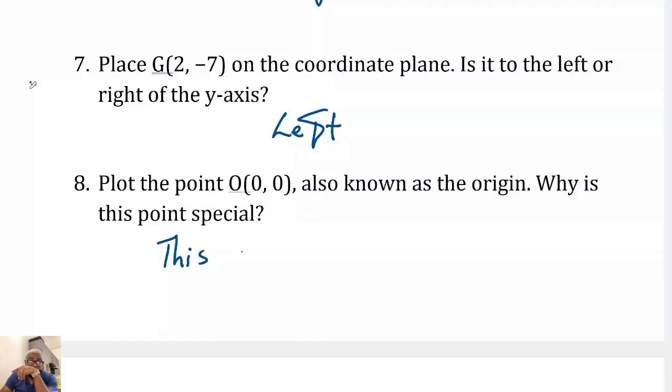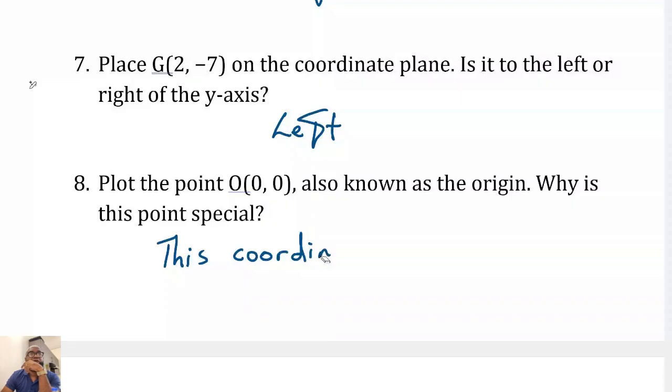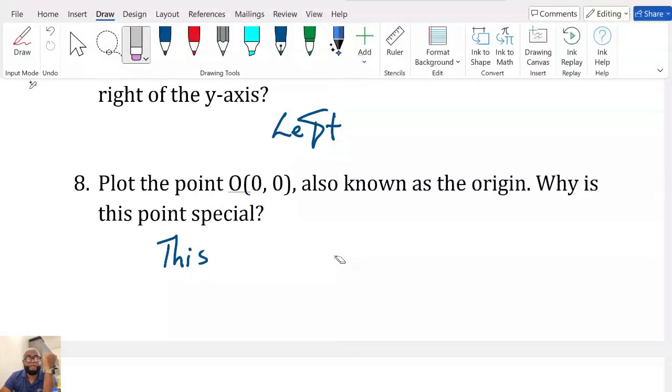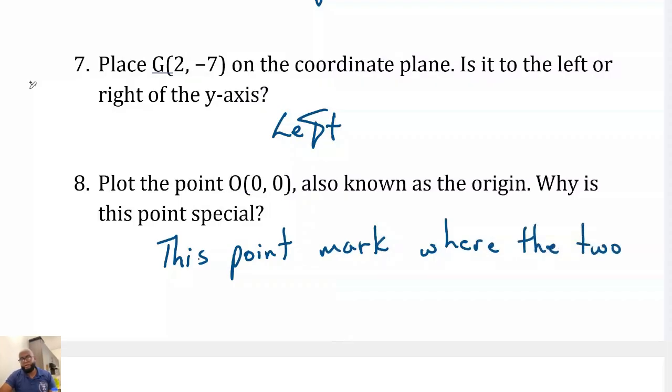So this point marks where the two axes intersect.